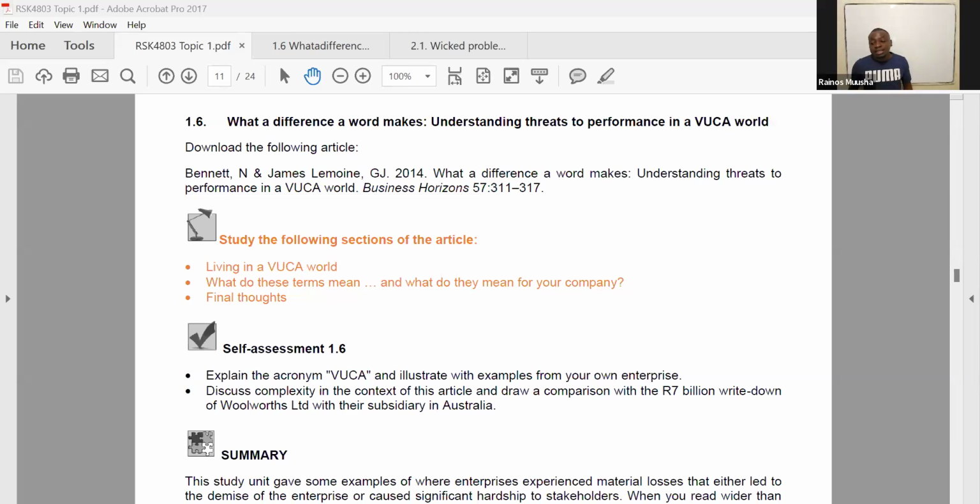So just because a company has suffered a large loss does not necessarily mean that risk management has failed. You need to make sure that you're able to identify those points which can result in risk management failures.